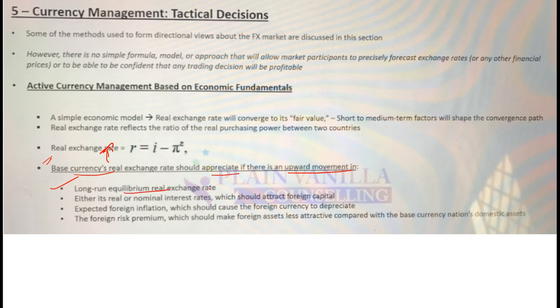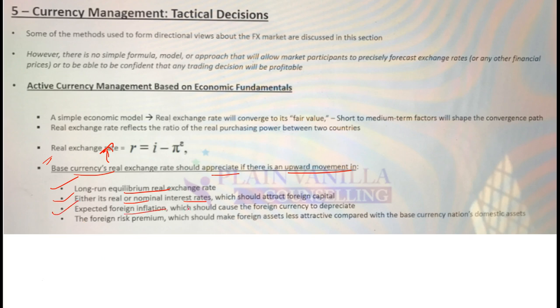If the long run equilibrium exchange rate is going up, then the short run exchange rate may also go up. Also, if either real or nominal interest rates are increasing, they would attract foreign capital, and when they attract foreign capital, the currency will go up.